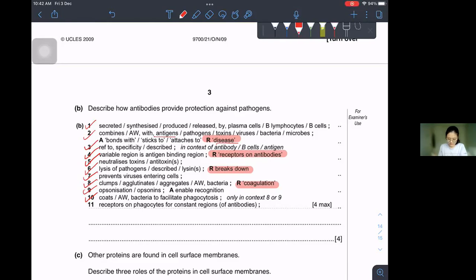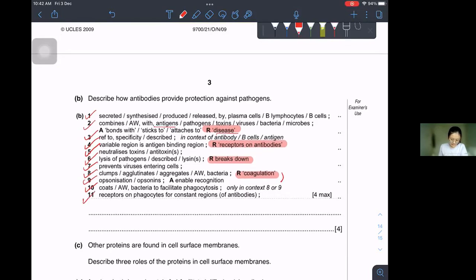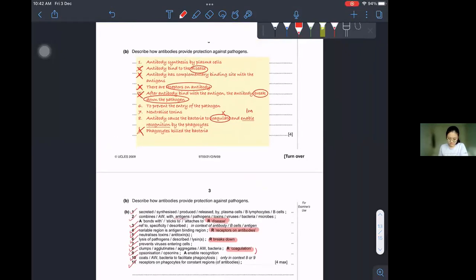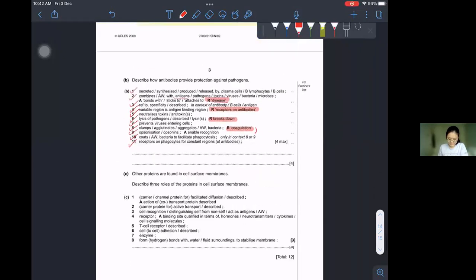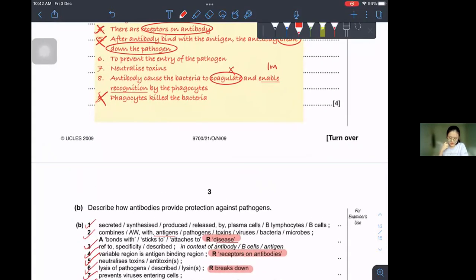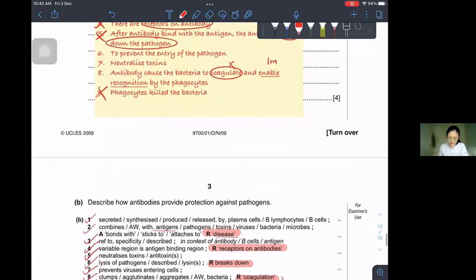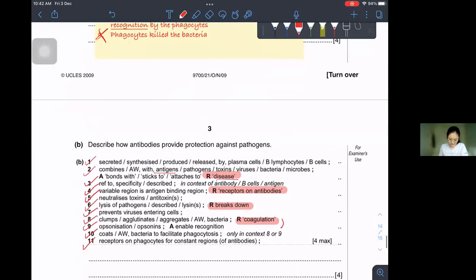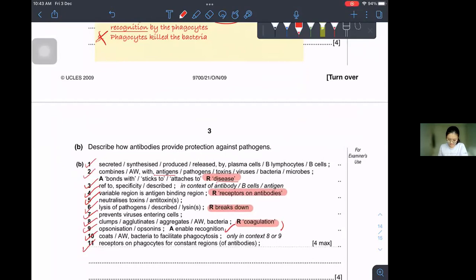So this is interrelated to point number 8 and point number 9. And point number 11 is actually receptors on phagocytes for constant regions of antibodies. So for point number 8 here, enable recognition by the phagocytes, you can get 1 mark from this answer, because it's mentioned in the mark scheme here.